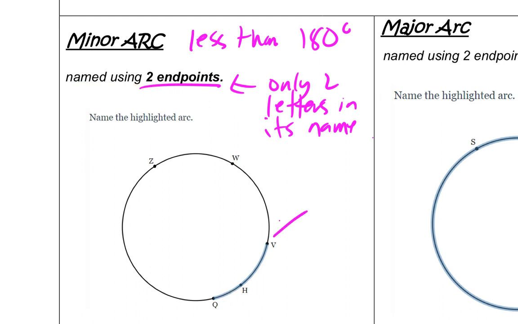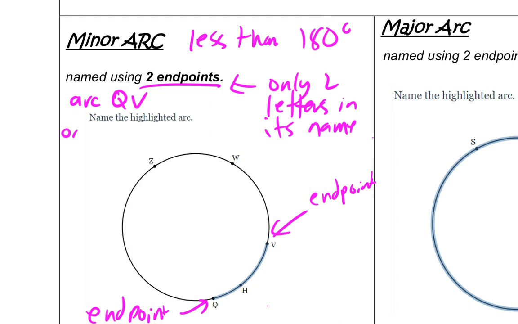This is an endpoint, and this also is another endpoint. So we're going to say this one is named arc QV, or we'll write it like this, QV, with this symbol for the arc.